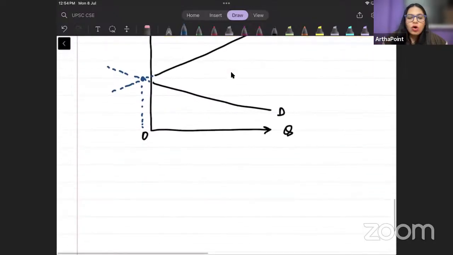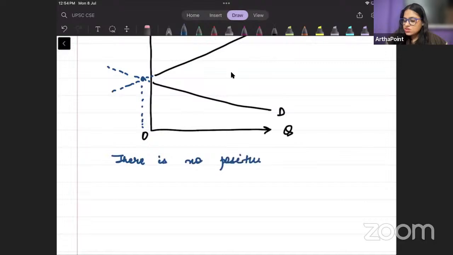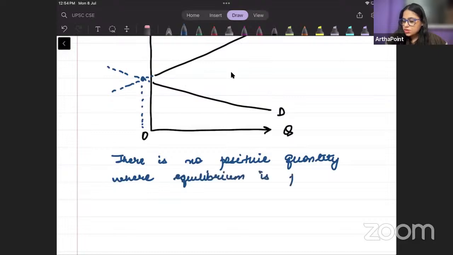So ideally, because there is no intersection between the demand and supply curve, these two are not intersecting anywhere, the intersection is taking place with negative quantity. So we can say that there is no positive quantity where equilibrium is possible. There is no positive quantity such that your equilibrium is possible.